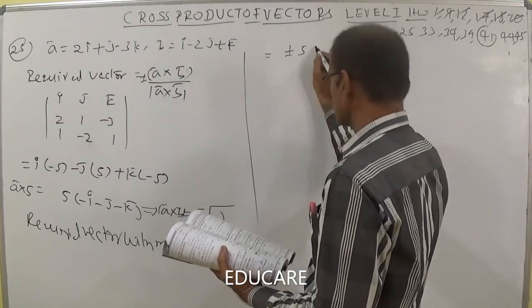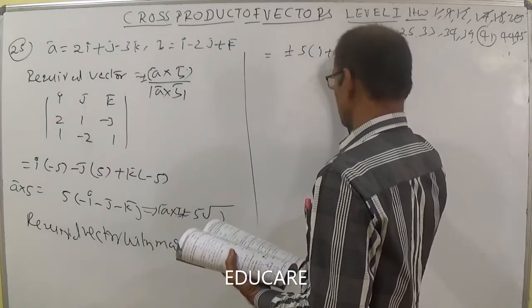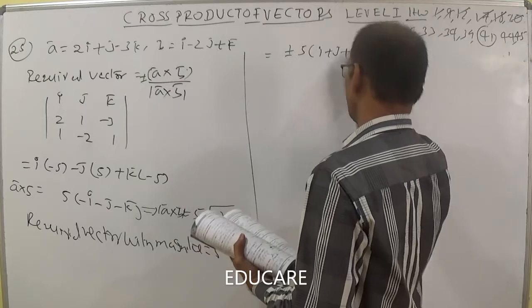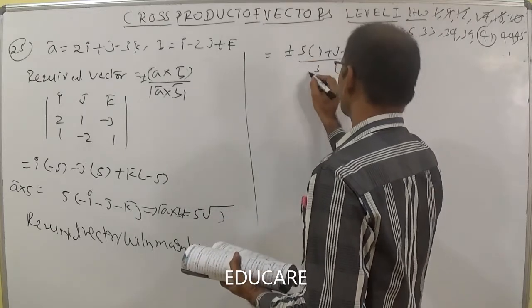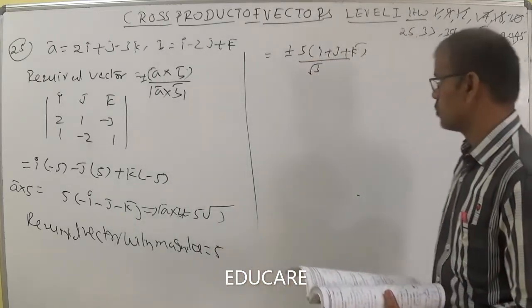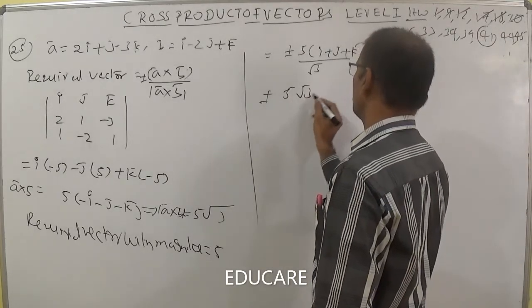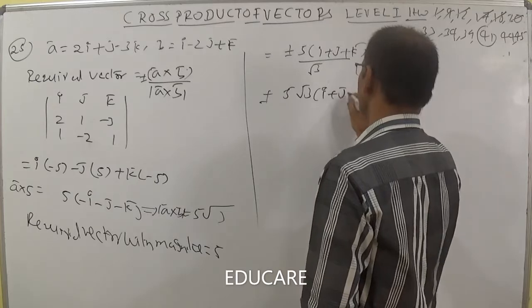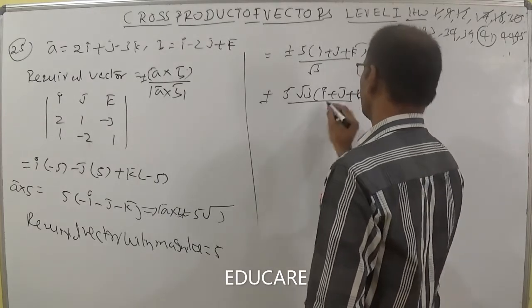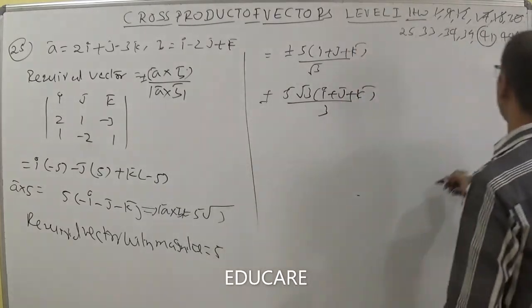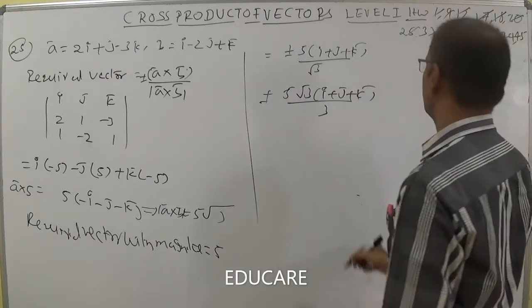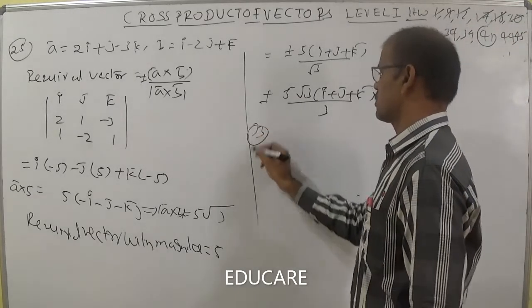Plus or minus 5 into (i plus j plus k) whole by root 3. Don't write 5 root 3; simply write root 3. It is 5 root 3 into (i plus j plus k) whole by 3, multiplied with root 3. It is nothing but rationalization.